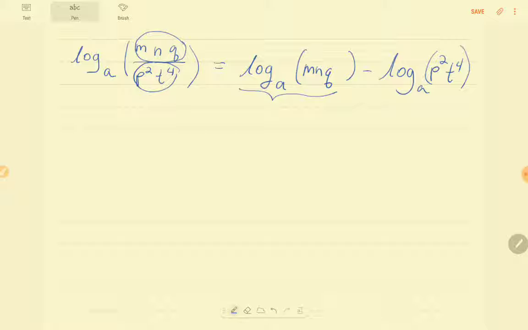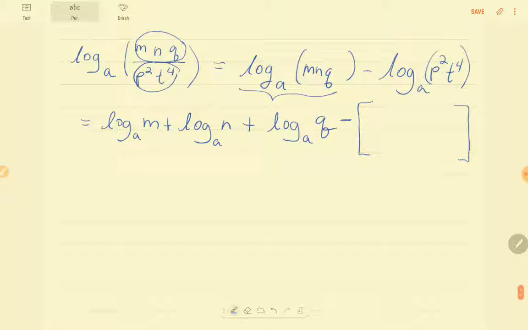That is the log base a of m plus the log base a of n plus the log base a of q. Okay, so that was all that first expression, and then minus, now here you want to be careful because we're subtracting and it's going to be a sum because we've got a product in here. So I have to make sure to be careful with that negative because it does need to be distributed after I have expanded this part of it.